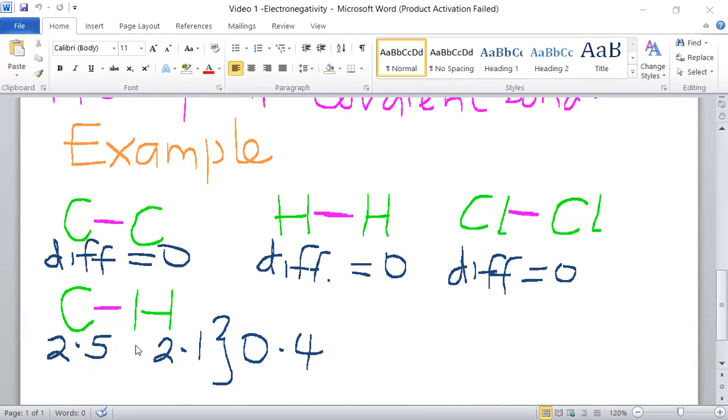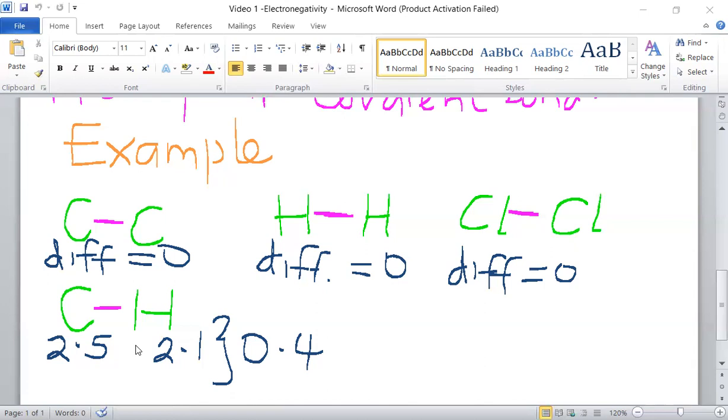But let me make a small clarification here. The carbon-hydrogen bond is not always the same wherever you find it. For example, the carbon-hydrogen bond in alkanes is different from the carbon-hydrogen bond in alkynes, where the carbon atom is actually forming a triple bond.